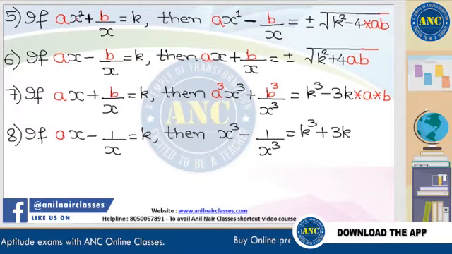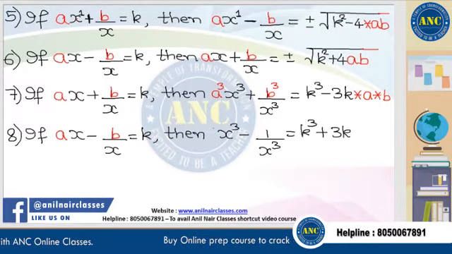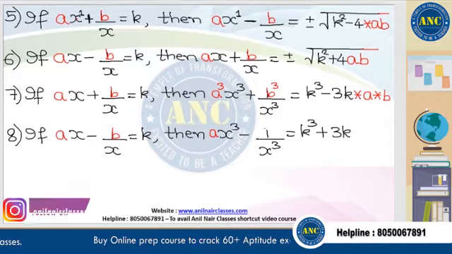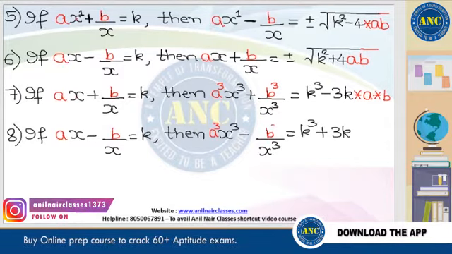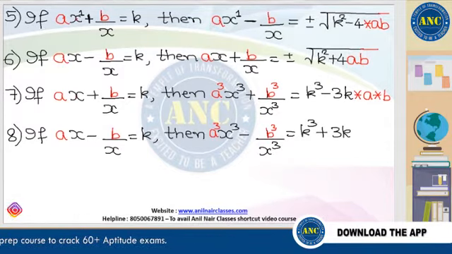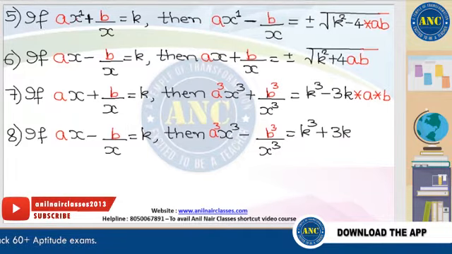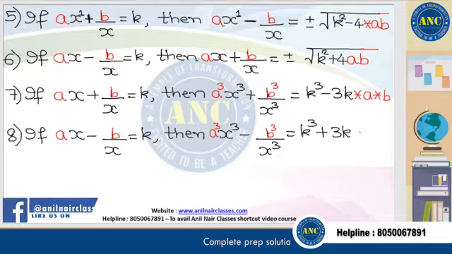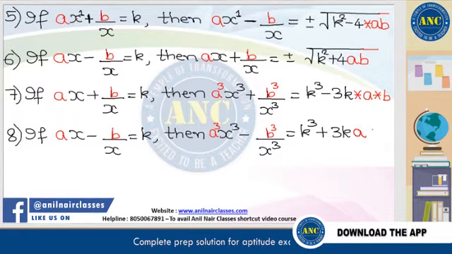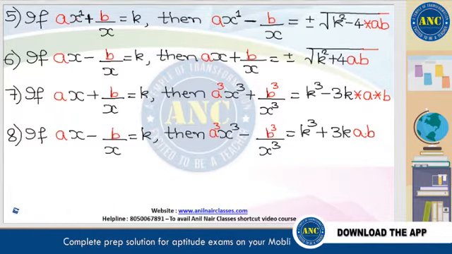Same thing here. If ax minus b by x is equal to k, then a cube x cube minus b cube by x cube is k cube plus 3k in the original case earlier, but now I should multiply with the coefficient of x, that is a, and the coefficient of 1 by x, that is b.